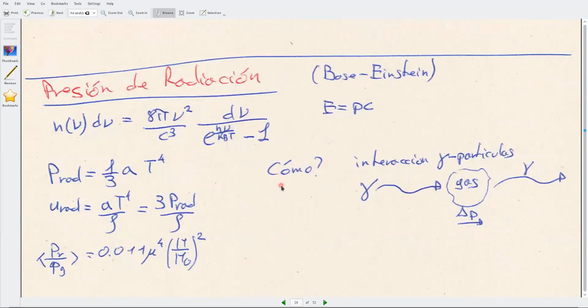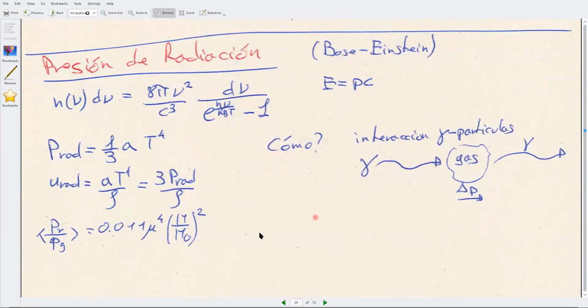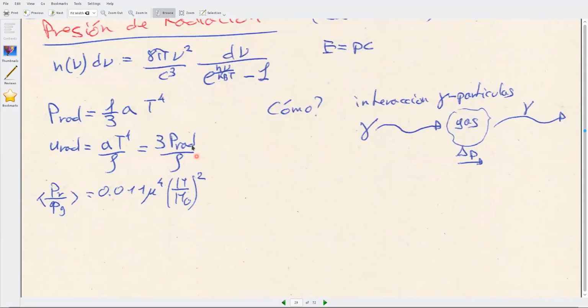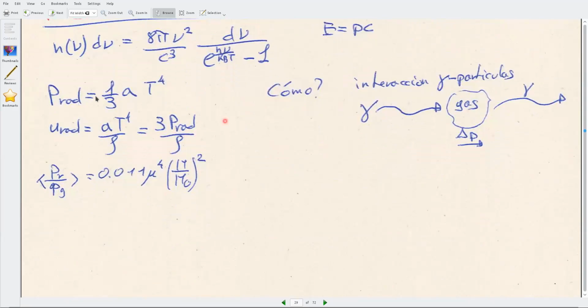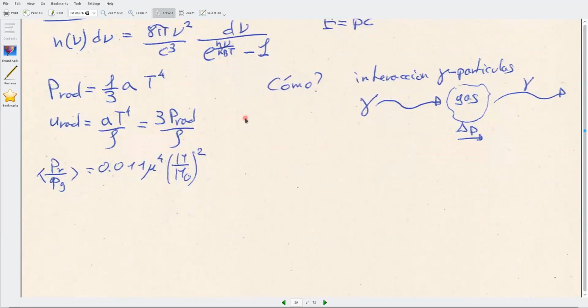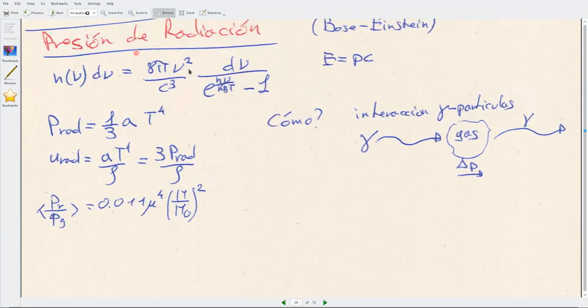Here for the pressure of the gas, the calculation, you see again, and the energy, quite simple to remember. How is this working? Essentially, the photons are passing, and with the interaction are leaving a small amount of momentum. A photon has a small quantity of momentum.